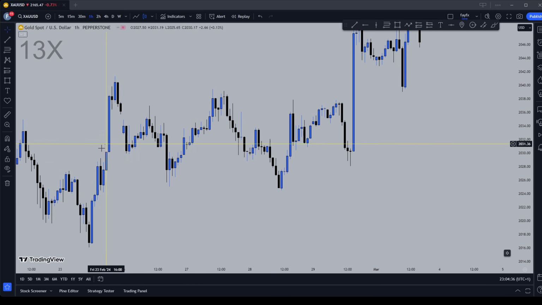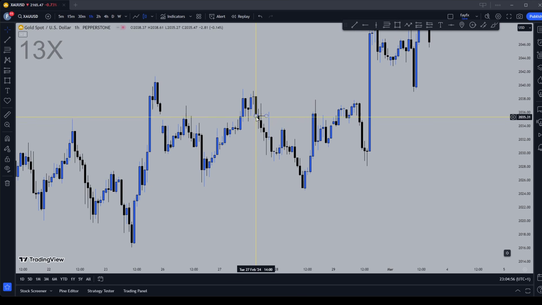Let's see another example. Example for bearish gap. After the creation of this gap, this candle came up, touched that level, and continued its move to go bearish. And later on, the price came up to visit this level and went down another time.